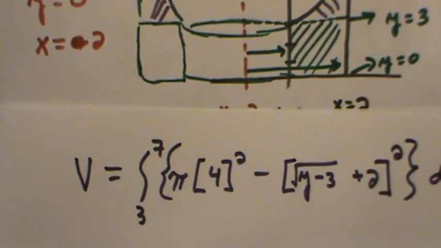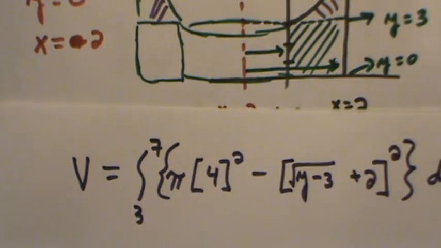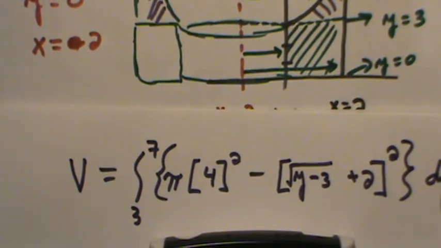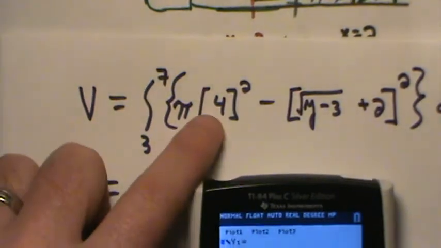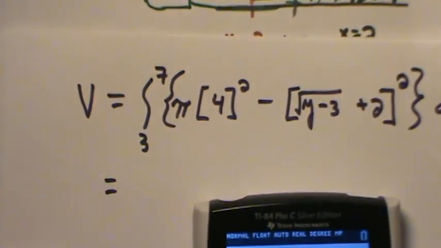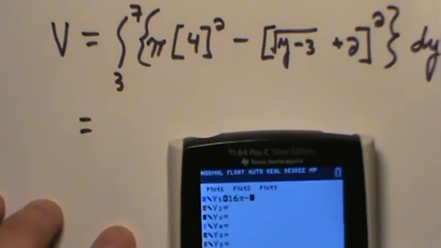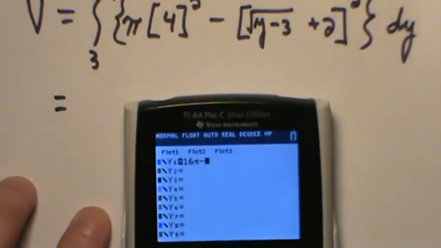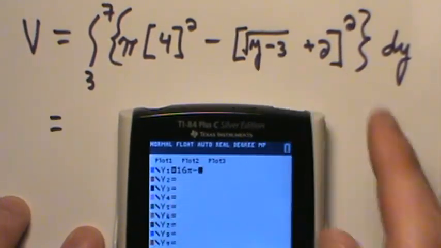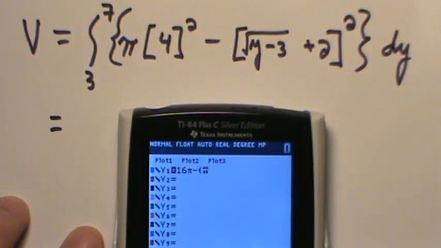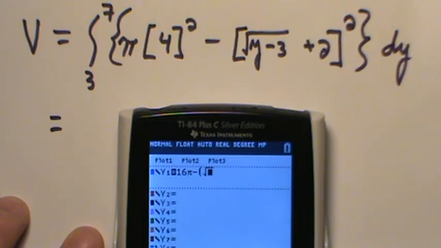So this part becomes a little bit more challenging to put into the calculator. The 4 squared is 16, so I've got 16 pi minus, now I'm just going to put all of this in parentheses. So I go parentheses, square root of x minus 3. Remember, everything in the calculator always has to go in as an x.